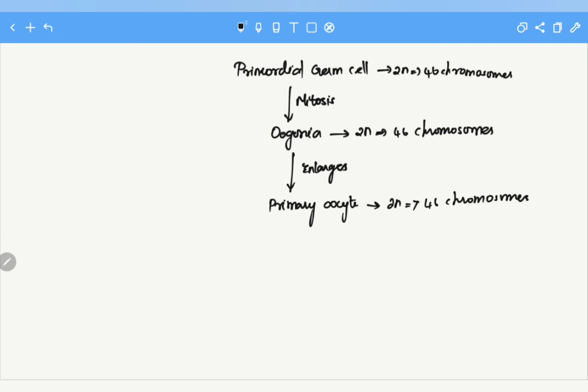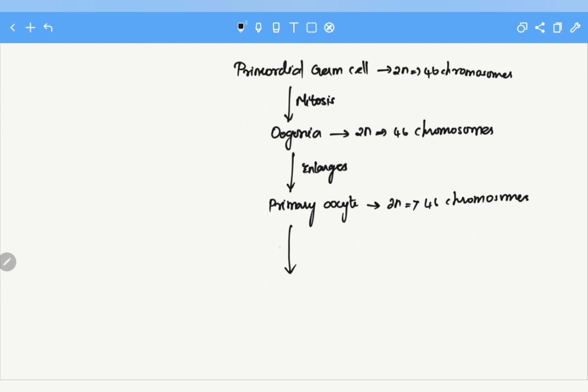After this, the primary oocyte starts its first meiotic division. At one stage within the primordial follicle, it gets arrested in the diplotene stage of prophase 1 of meiosis 1.